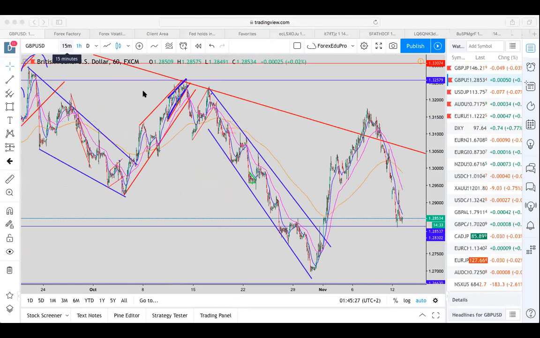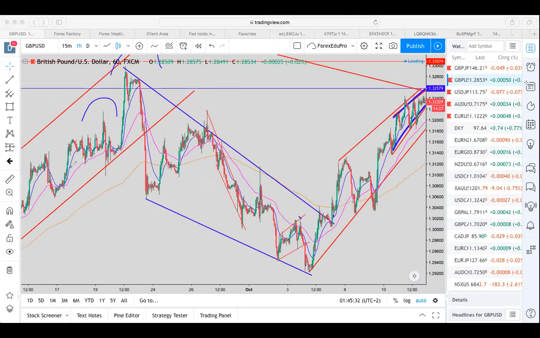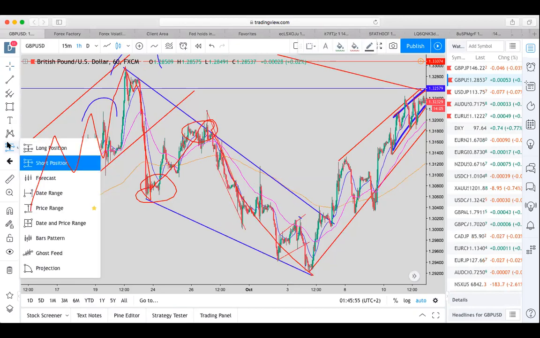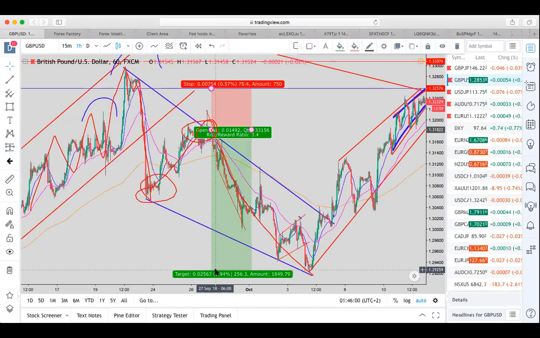If we go back to our setup, we took ascending structure, break, buy. Sell. We took that. That was very long ago. We took that position over there for about 250 pips to the bottom of structure.